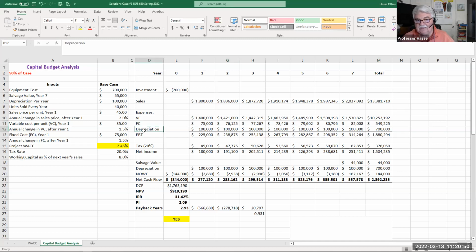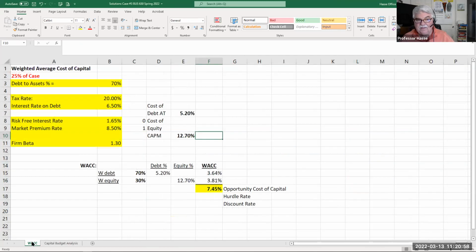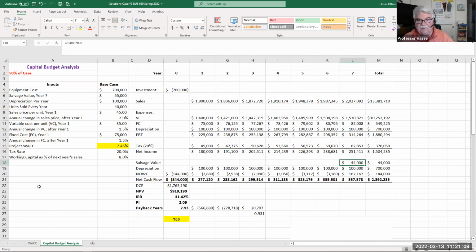You have to calculate the depreciation. There's no salvage value. Everything else, follow the variables in the case and compute the weighted average cost of capital correctly given the information in Exhibit 4, and you're there. You can use case 3 as your template because it'll make things a lot easier for you.